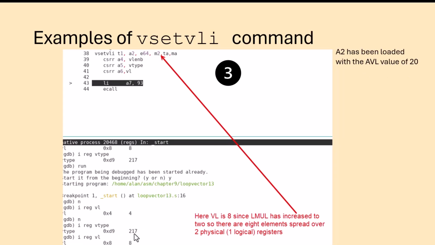And the third command returns a vtype value of hex D9 and a vl value of 8. This is twice the length of the previous example since LMUL has a value of 2. Now you can check with the table earlier that your vsetvli commands are accurate because you'll see the value returned in the vtype register as well as the vector length.